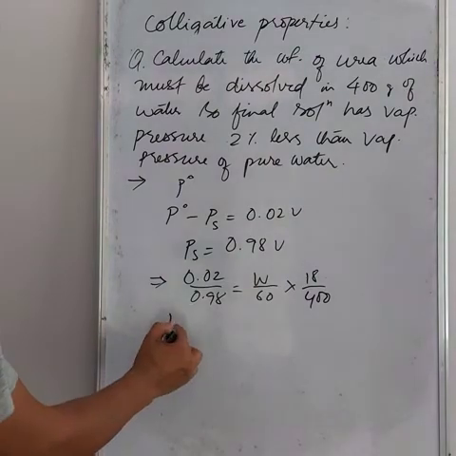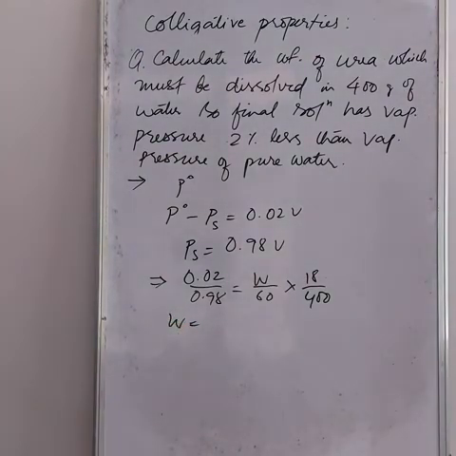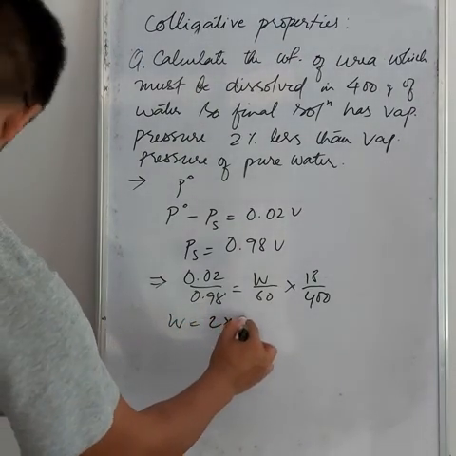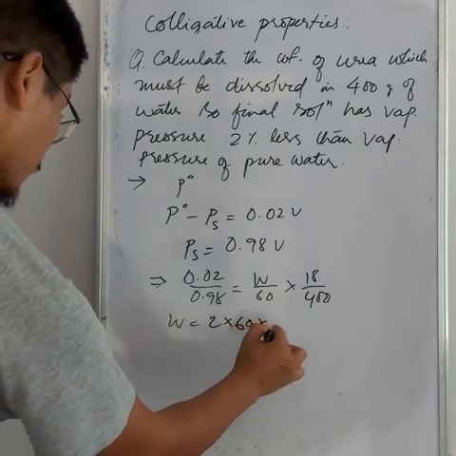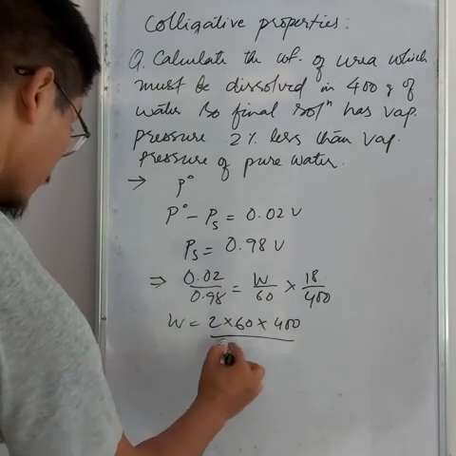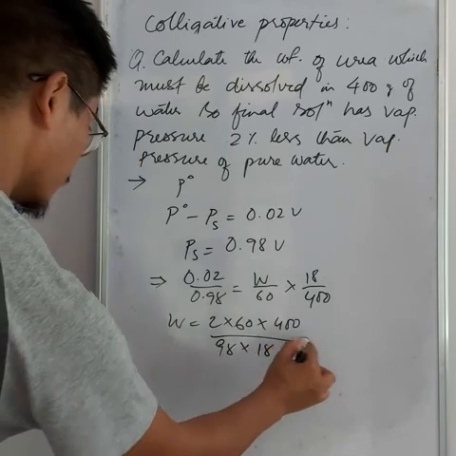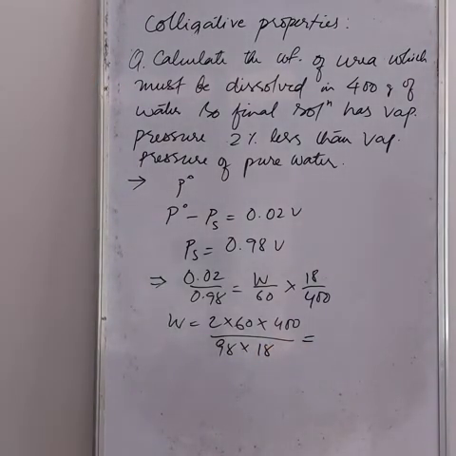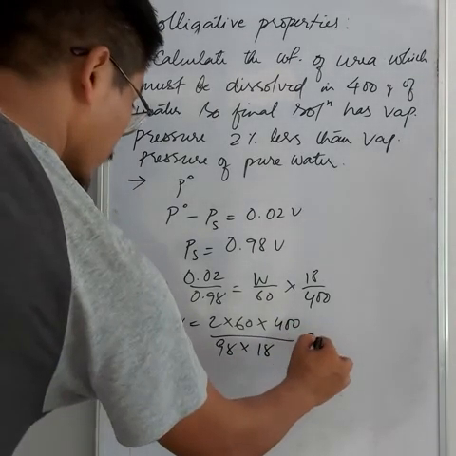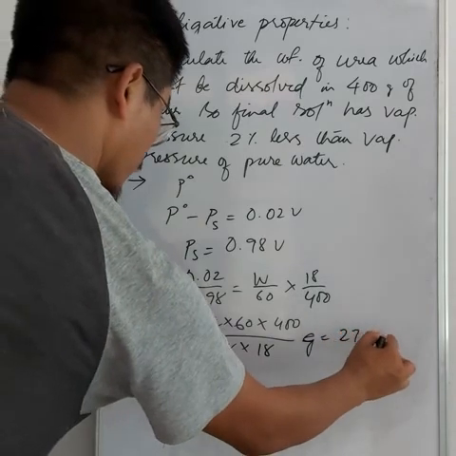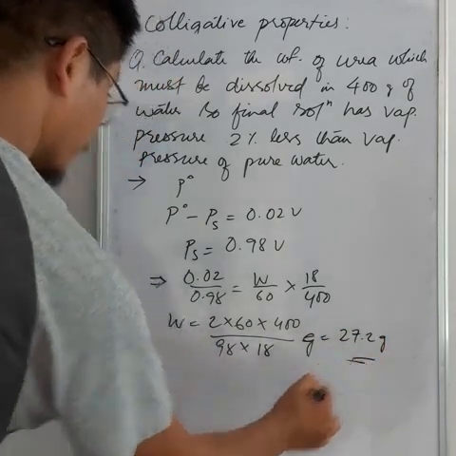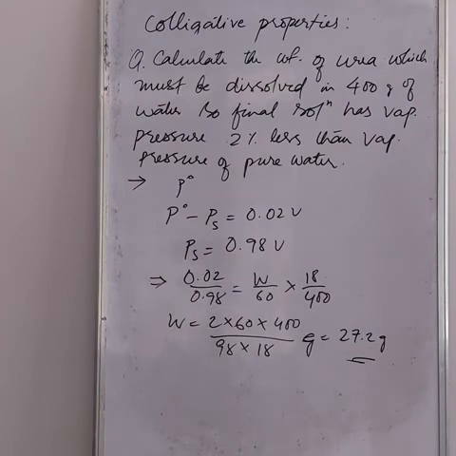So the weight of urea is given by 2 into 60 into 400 over 98 into 18, which gives us 27.2 grams. So 27.2 grams of urea has to be dissolved.